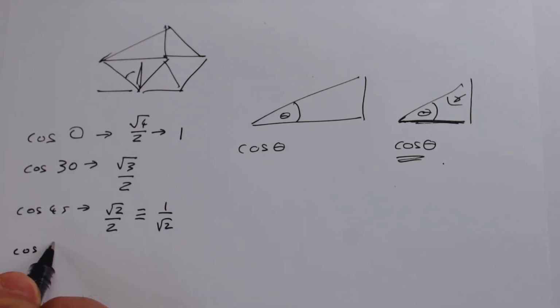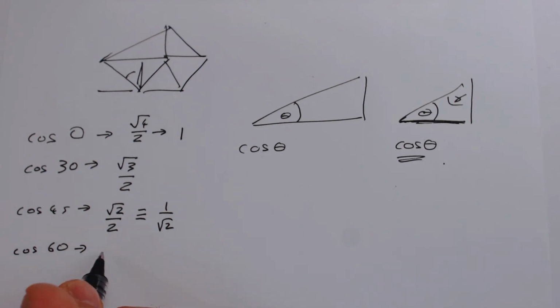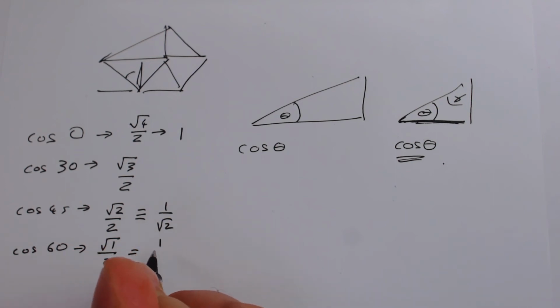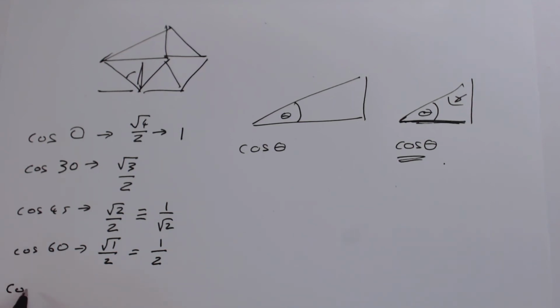Next one, cos 60. Let's drop the root 2. Now we're going to drop it to root 1. What's the square root of 1? Well, that I know is 1. So cos 60 is going to be a half. And finally, what's our final special angle?